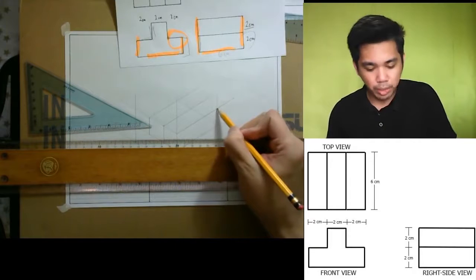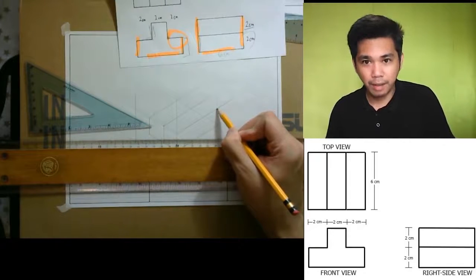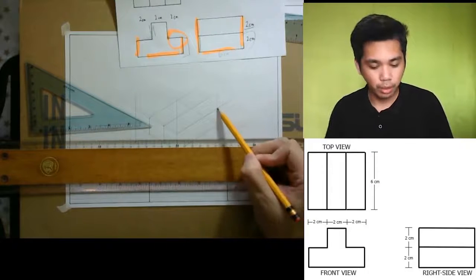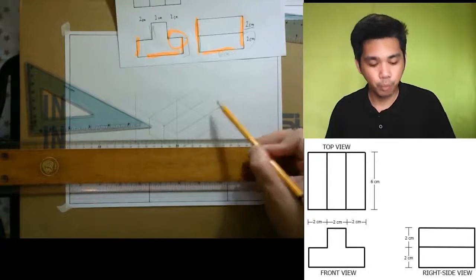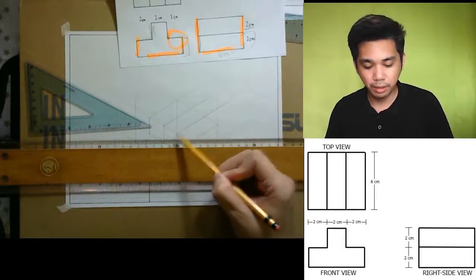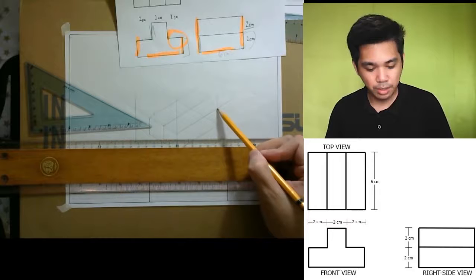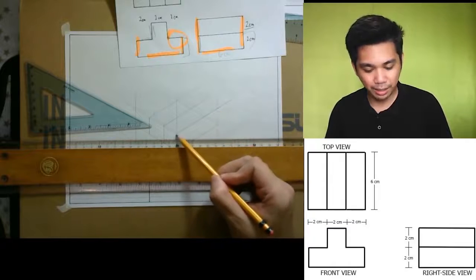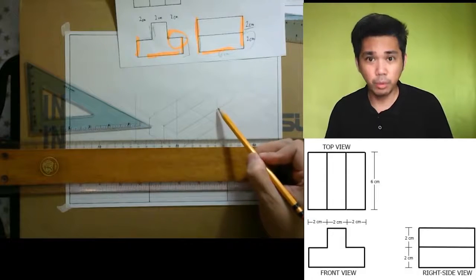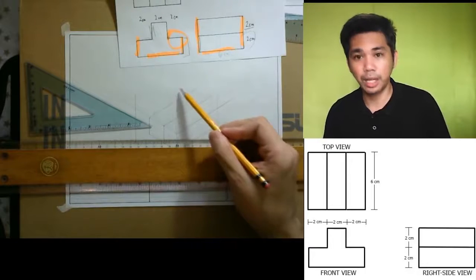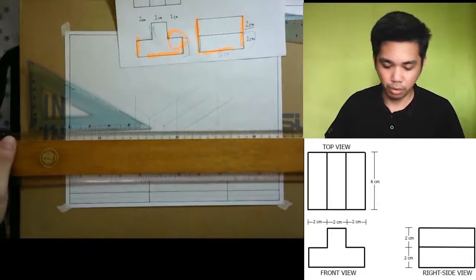So for example, this point, we have lots of options where to go by using 30-degree angles. We can go farther away, we can go inside, or we can go across. So in this case, since there is already a line here, and definitely we won't go outside of the object, so we have to put a line across the object.